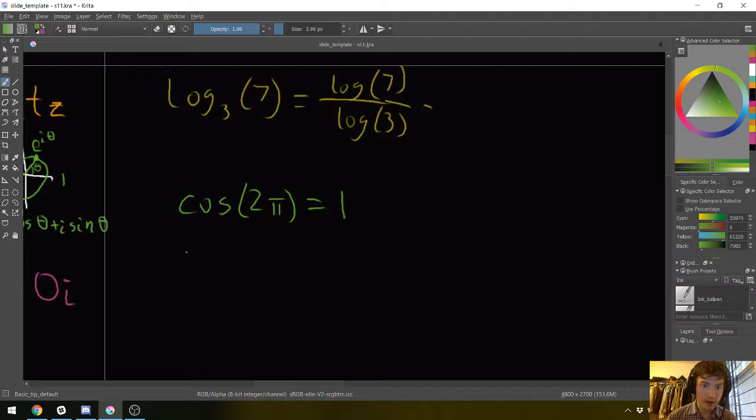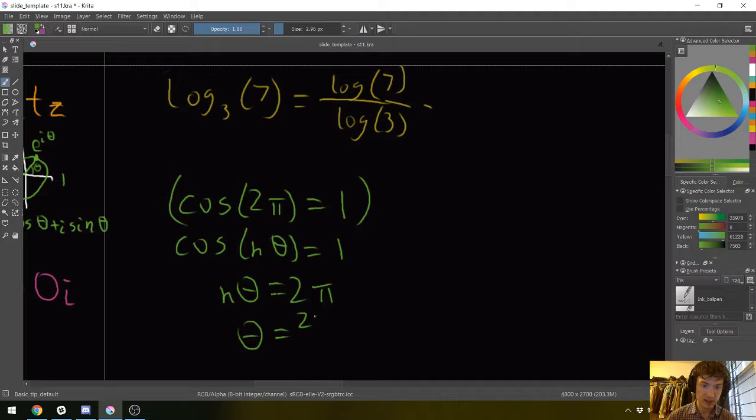And we're trying to solve the equation cosine of n theta equals 1. So the top thing is what we know. So we know the bottom equation will be solved if n times theta equals 2 pi. And what I was asking is what value of theta makes that true? Well, I think we can solve for theta pretty easily to get theta is 2 pi divided by n, right?